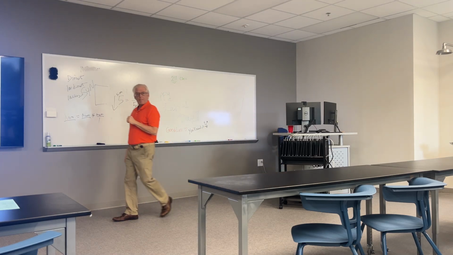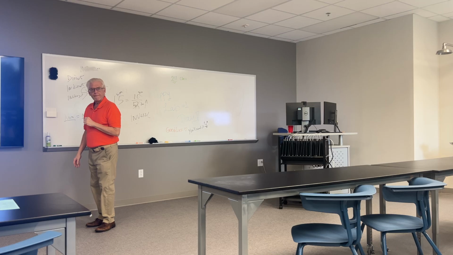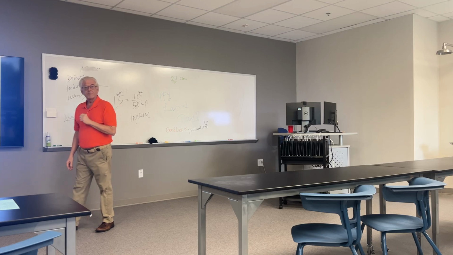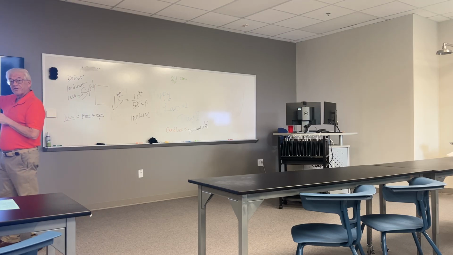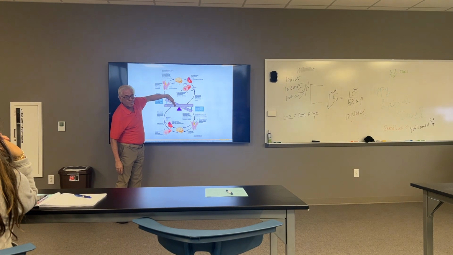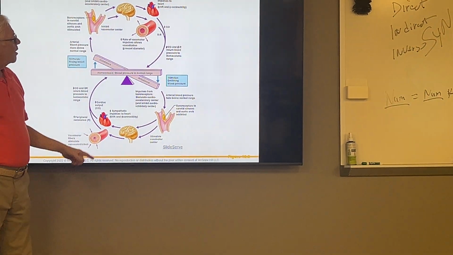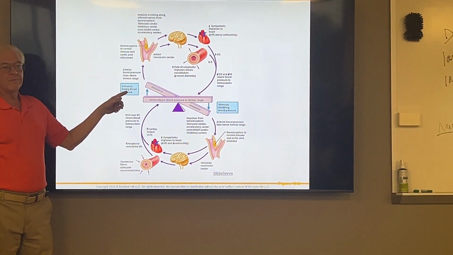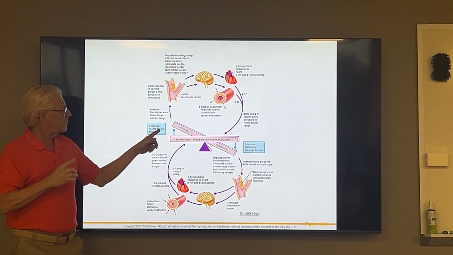Those are the factors that influence arterial blood pressure, epinephrine among them. But here's even more. Homeostasis. Uh-oh, I'm out of homeostasis, which means my blood pressure is rising.